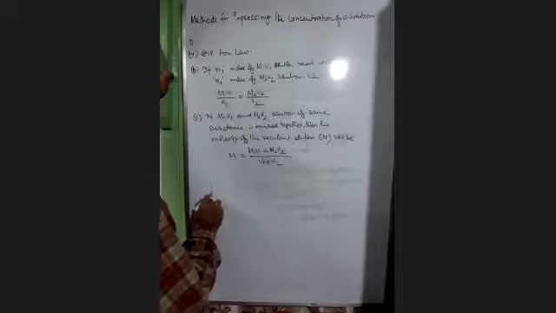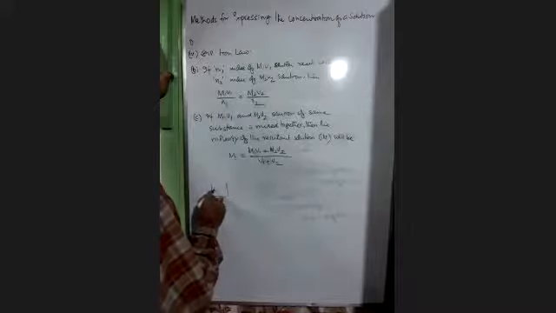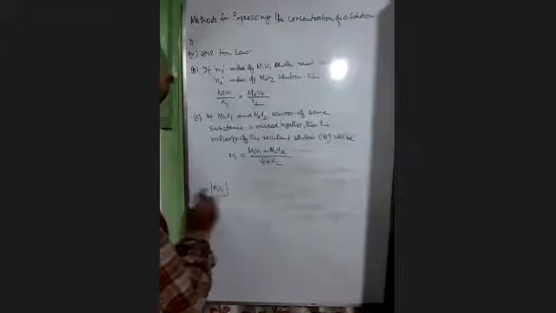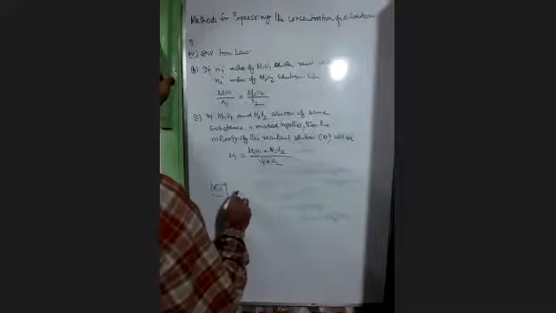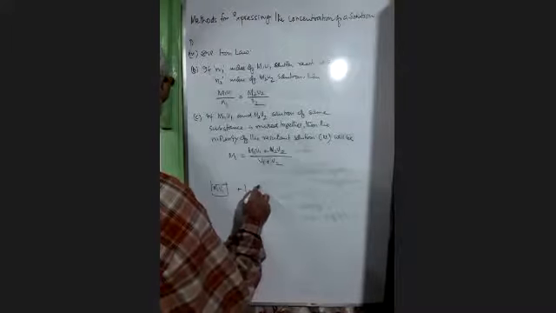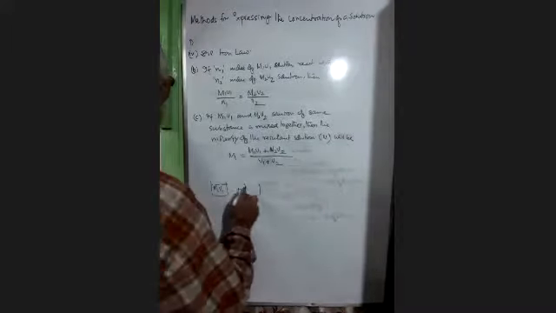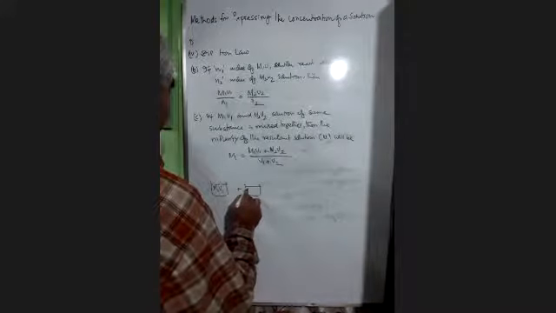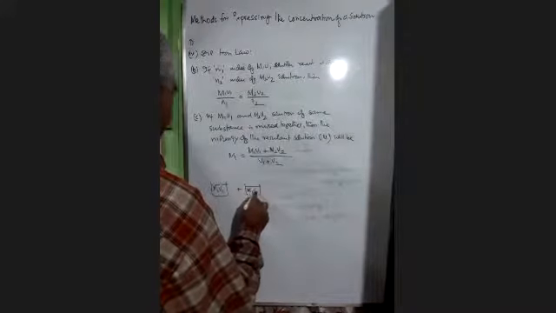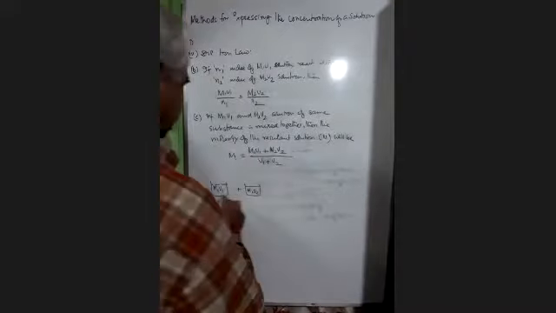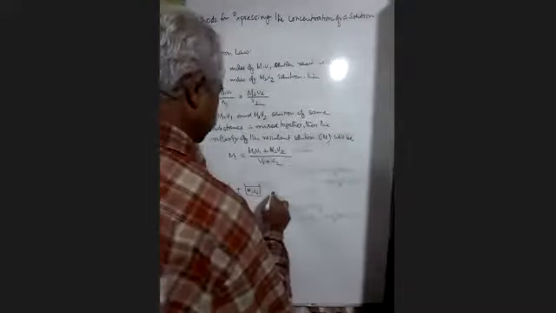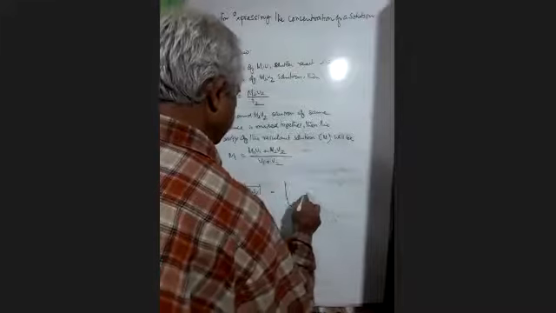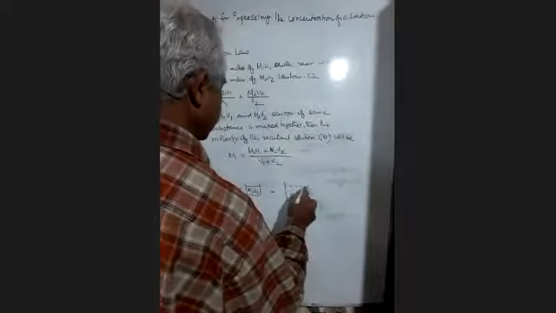So please don't get nervous. This is a solution whose molarity is M1 and the volume is V1. Okay, so this is the one. So it is hydrochloric acid or sodium hydroxide. Then I have taken another solution, M2 V2. Now both the solutions I have mixed in a big container.